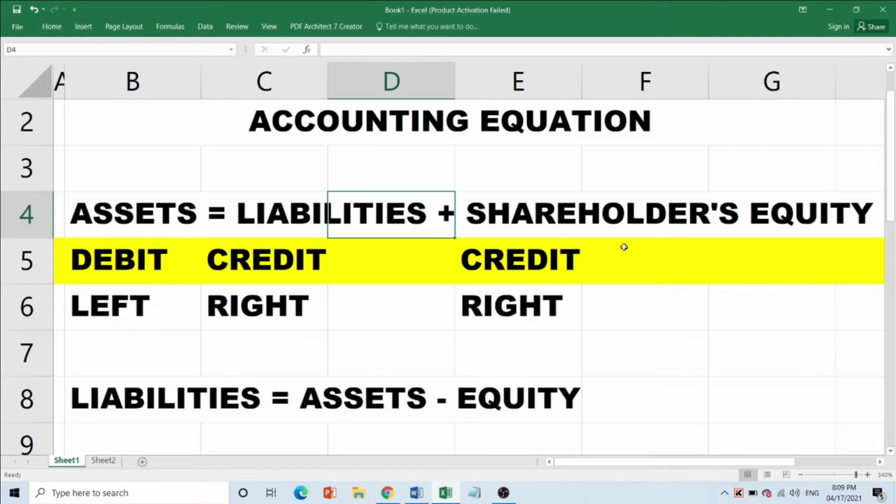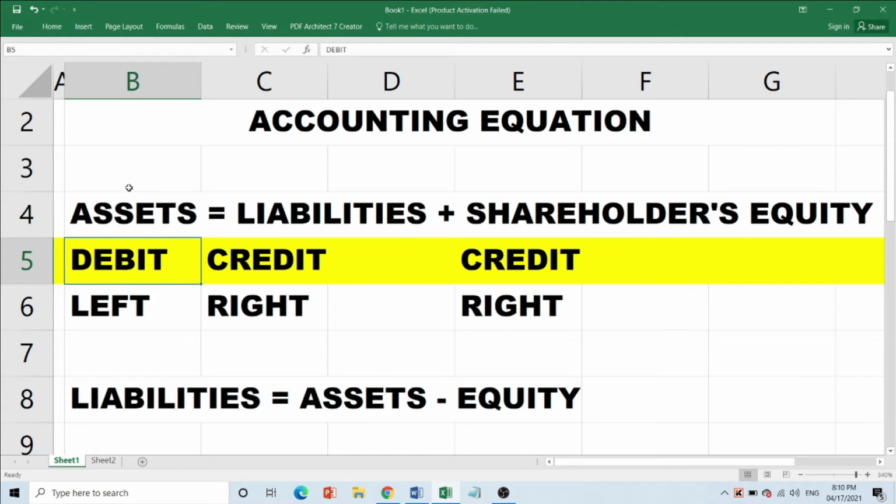While liabilities and shareholders' equity have a credit normal balance, so nandun po siya sa right. If there is an increase in assets, ilalagay po natin si assets sa debit, sa left side. And if there is an increase in liabilities and or equity, mapupunta po siya sa right side as credit.